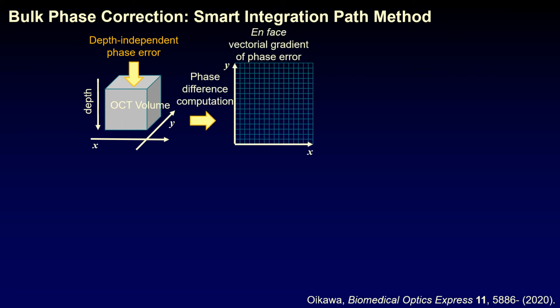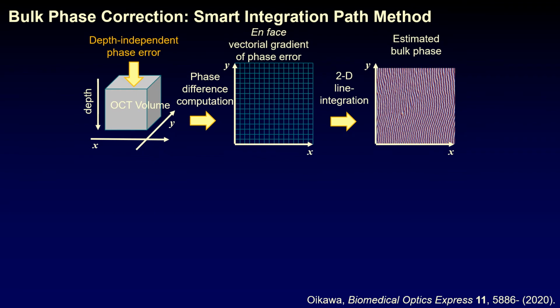The basic strategy of this algorithm is to first compute the vectorial gradient of the bulk phase error, and then apply line integration to estimate the bulk phase itself. However, this line integration is always associated with the accumulation of error, so this very simple method couldn't have a high accuracy.